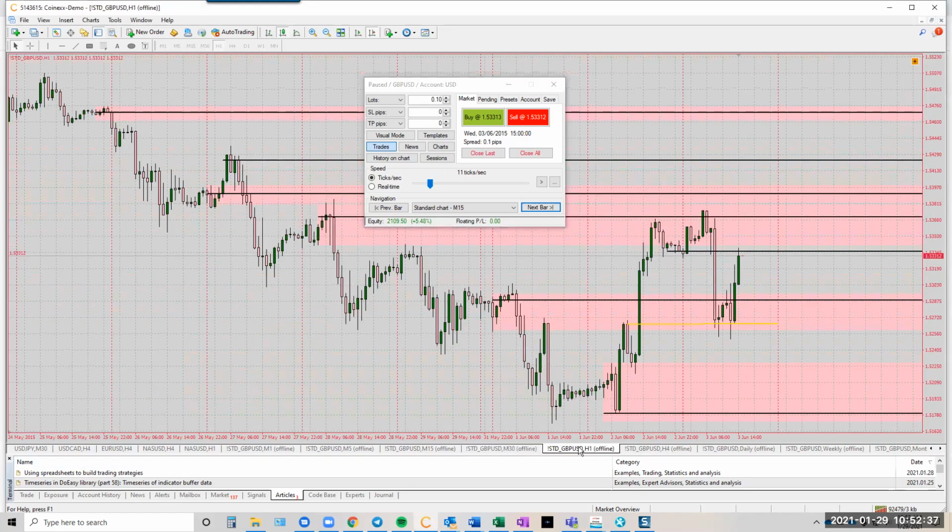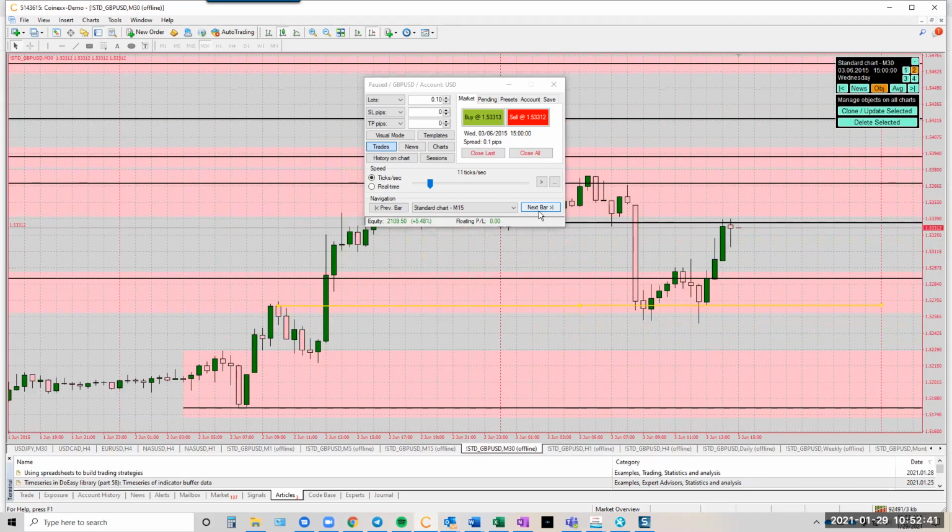Let's look at the one. Now confident. There's my bullish pattern to indicate from the bullish pin bar. Let's go one more.